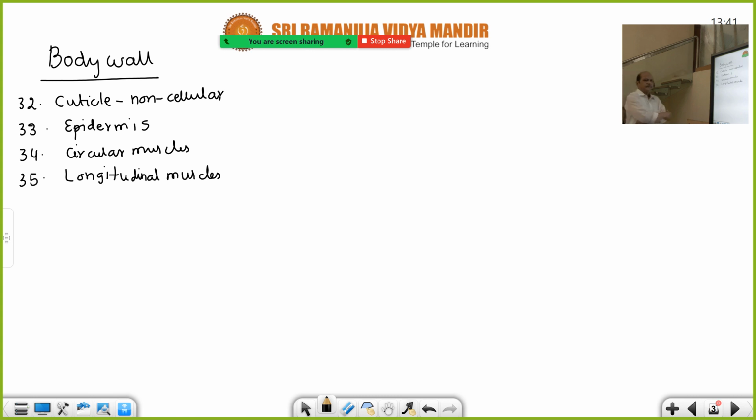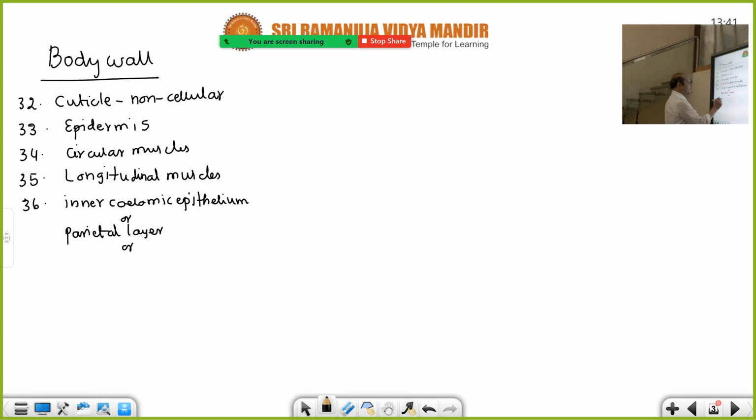Circular muscles, longitudinal muscles, and the inner coelomic epithelium. Inner coelomic epithelium also called parietal layer. Also called somatic layer.